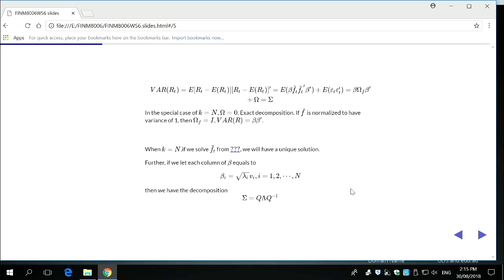Right, so easily we can just calculate the variance of the R t for any point in time. As we said, we can just take the expectation, which is the deviation from the mean times the vector prime of the deviation from the mean.